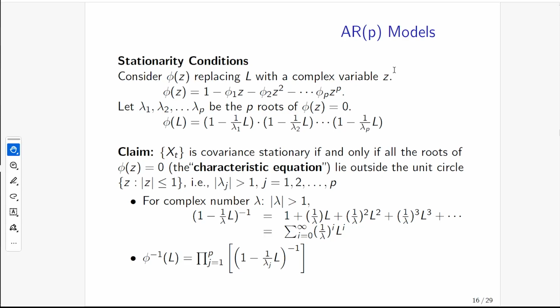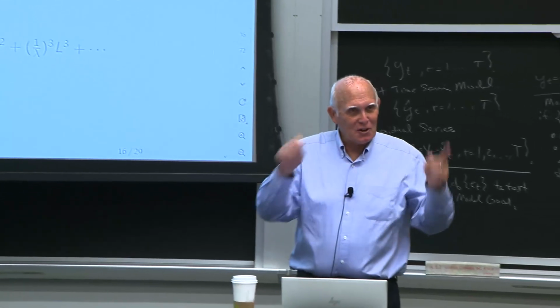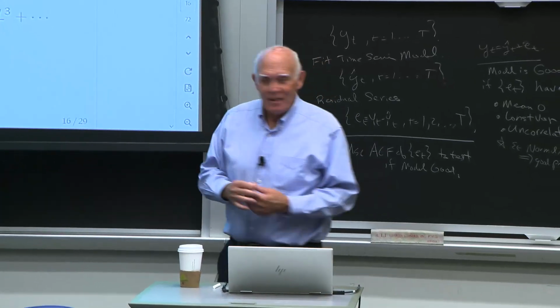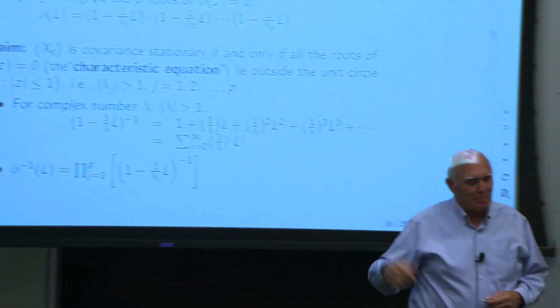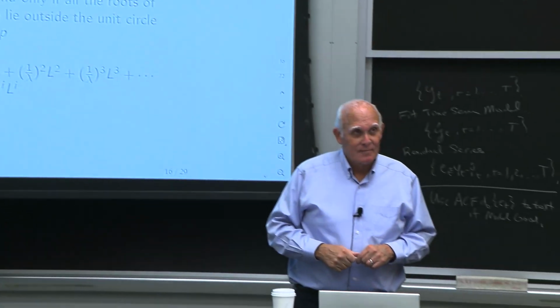And so the condition that each of those terms is defined by lambda j's that are bigger than 1 in magnitude makes their geometric series expression converge. If the lambdas were inside the unit circle in magnitude, then when we multiply them together, square them, they get bigger and bigger.